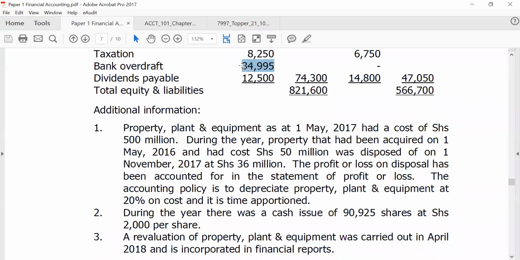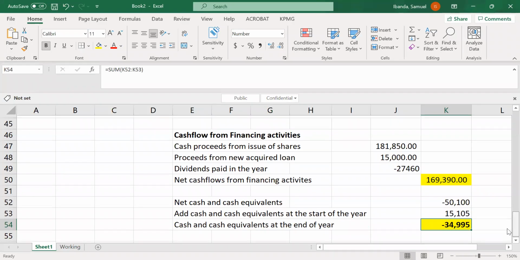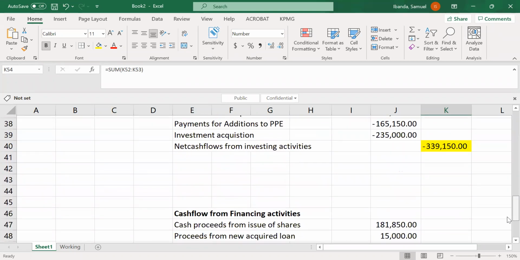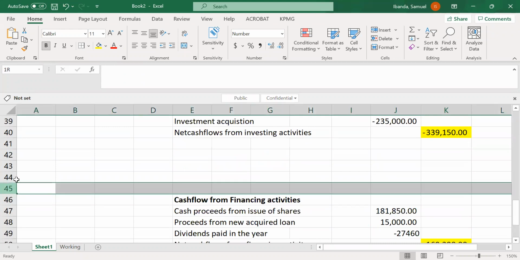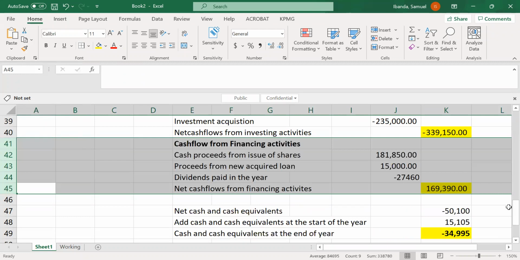Since our bank overdraft is 34,995, it ideally means that we have been able to determine and reconcile our cash flow statement, because this 34,995 exactly matches what we have determined within our cash flow statement. So that's how you draw up your cash flow statement. In case you're in your paper, you can just cancel out this space and you have your cash flow statement.